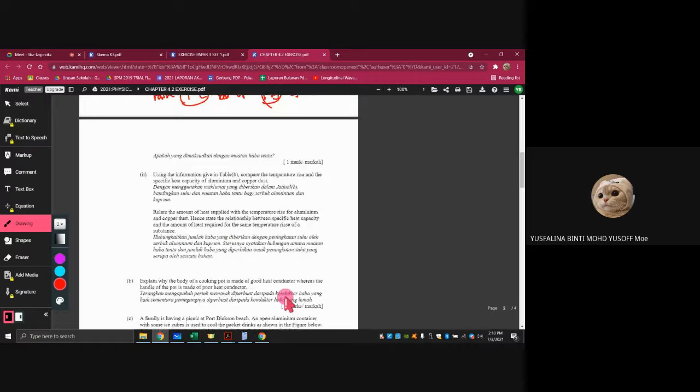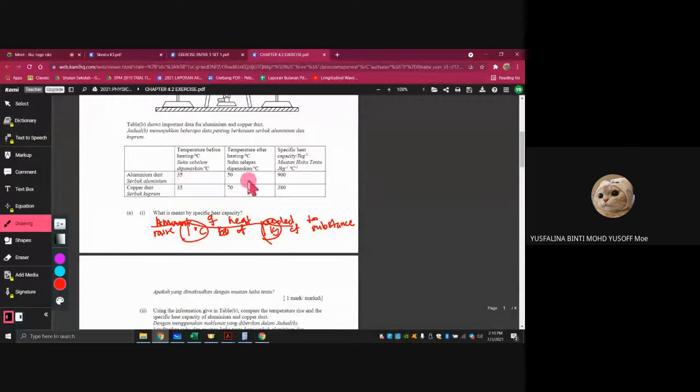Alright, for number 2, this one is the comparison. Some of you answered in point form, very good. You have to answer in point form. Compare the temperature rise. For the aluminium dust, the temperature rise is about 15 degrees Celsius, and for the copper dust it is 35 degrees Celsius. So the temperature increase for the copper dust is higher.